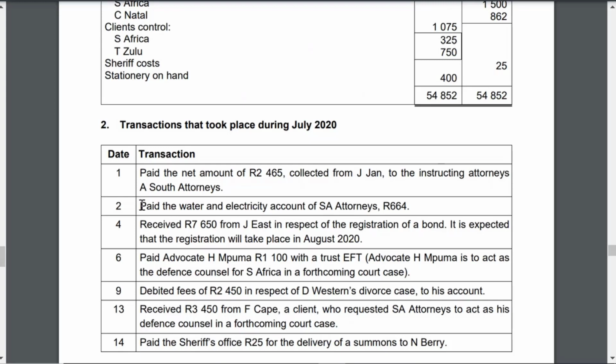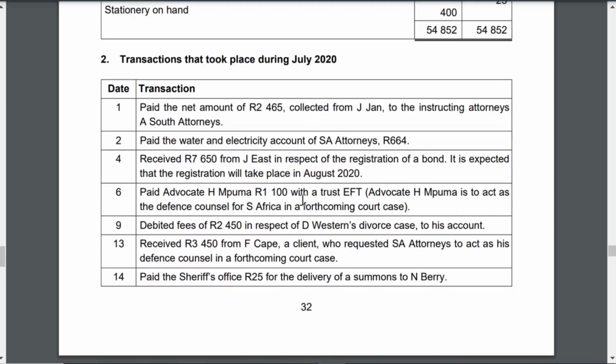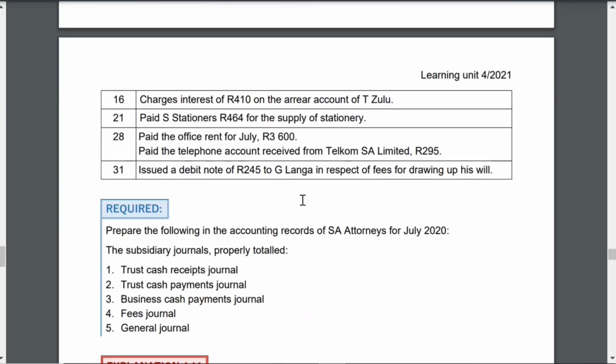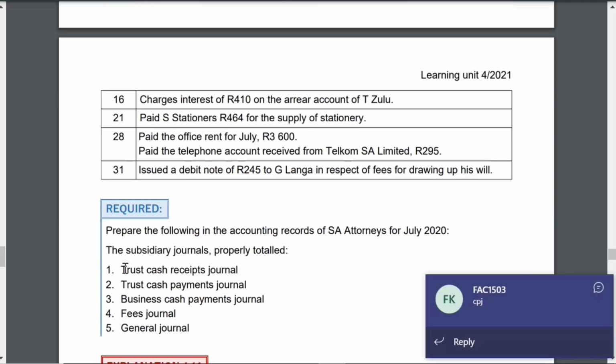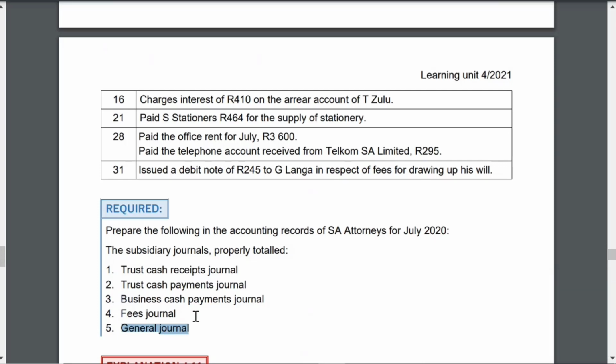In which books of first entry would you record this? The options are trust cash receipts journal, trust cash payment journal, business cash payment journal, fees journal, or general journal. So you've got 5 options. Where would you record this?